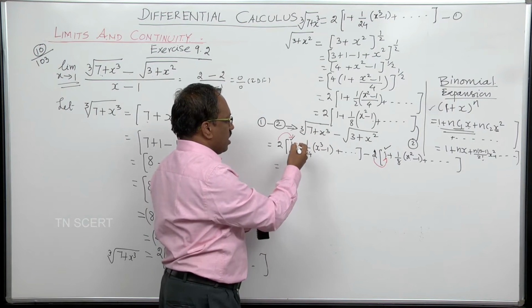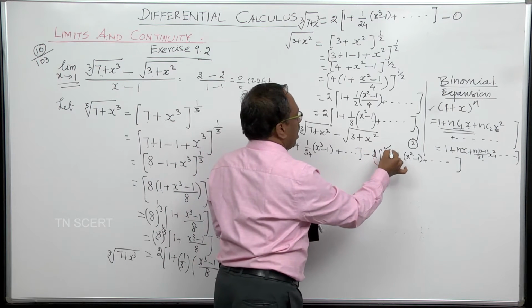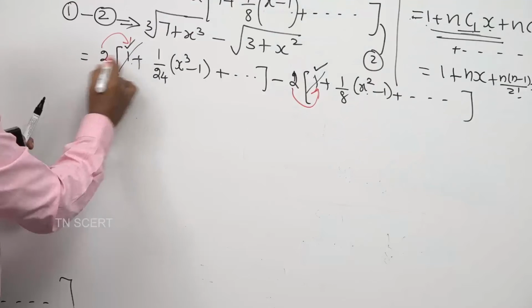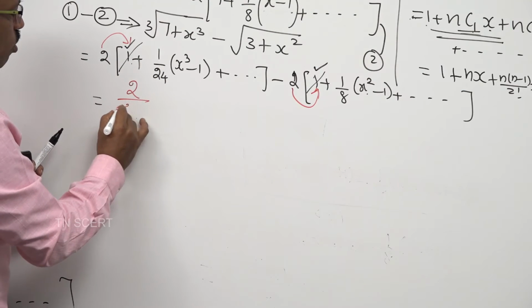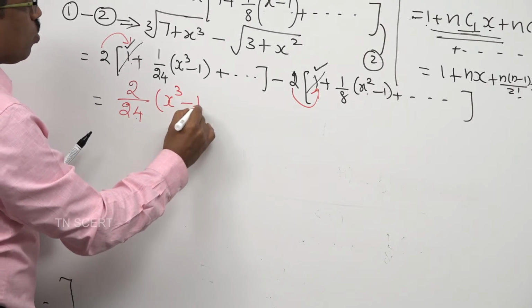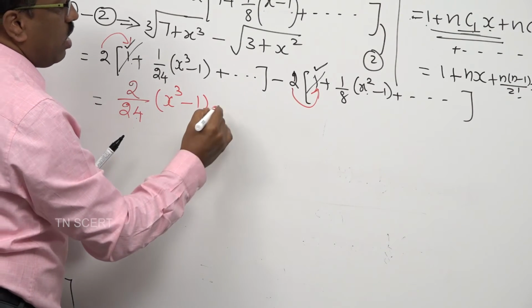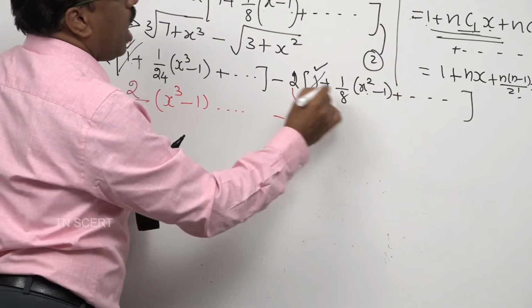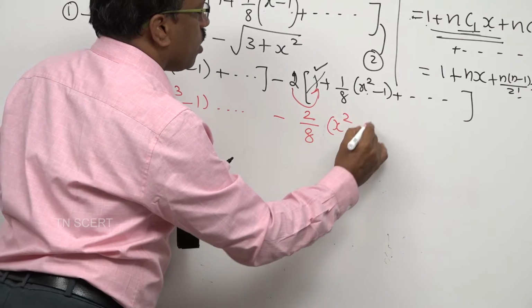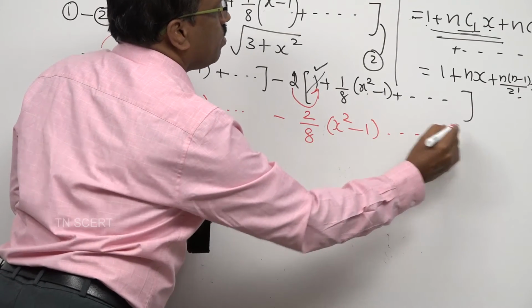So both getting cancelled, this and this getting cancelled. So after that just you write down the term 2 by 24 of x cube minus 1 dot dot dot, we are not going to look into that, and 2 by 8 of x square minus 1 dot dot dot.